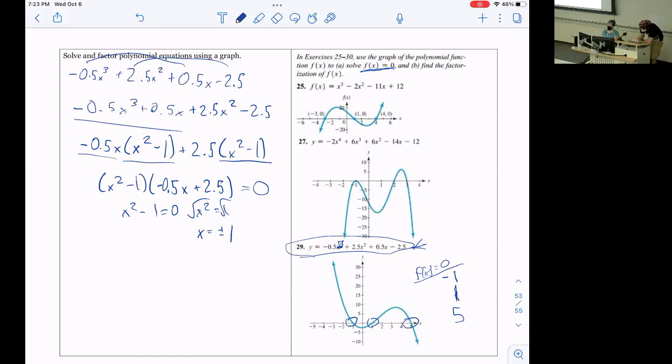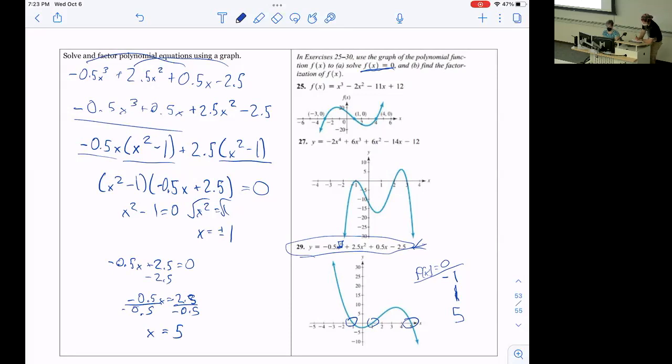Let's do the next one. -0.5 x plus 2.5 is equal to 0. Let's subtract our 2.5 on both sides to get -0.5 x equals -2.5. And if we divide by -0.5, it should give us x is equal to 5.